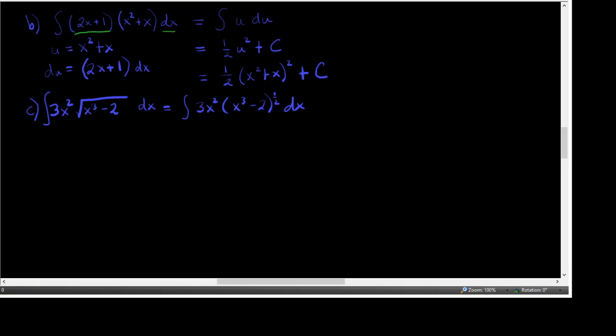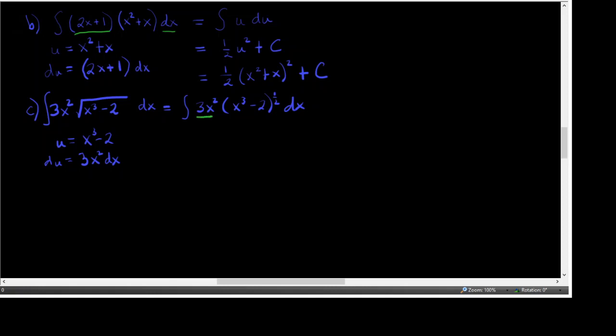So my u, the inside function, is x cubed minus 2. And du, the derivative of that, is 3x squared. Then multiply that answer by dx. And I'm looking for that to be in my problem. The x squared has to be there. The 3 might be something we're introducing. So the x squared, though, is essential.